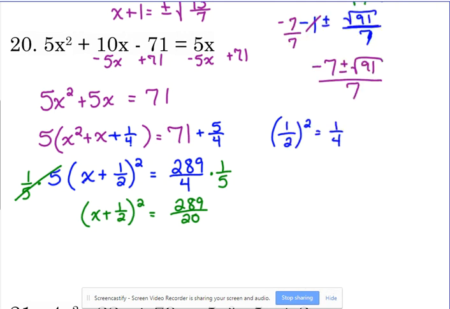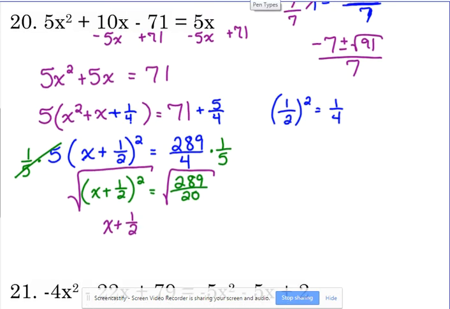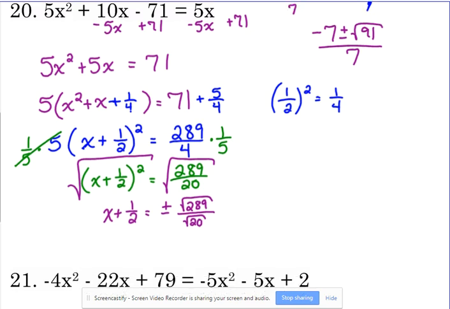Okay. Take the square root. So we've got x plus 1/2 equals plus or minus square root of 289 over the square root of 20. I'm going to go ahead and go through the rationalizing thing while I'm at it.